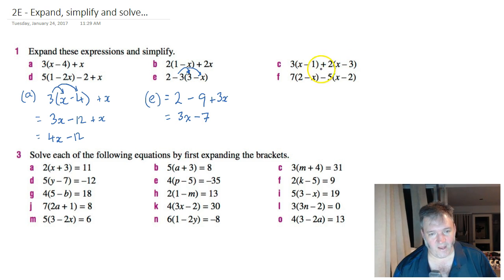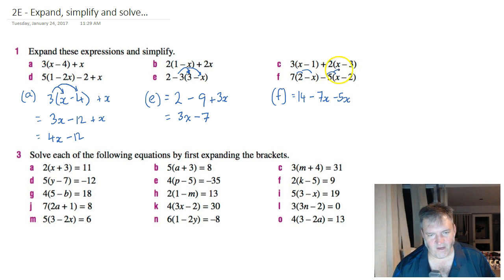I might have a go at F as well, just because it's there and it looks like fun. What am I going to do first? Expand the bracket. 7 by 2 is 14. 7 times negative x, negative 7x. Next bit, negative 5 by x is negative 5x.